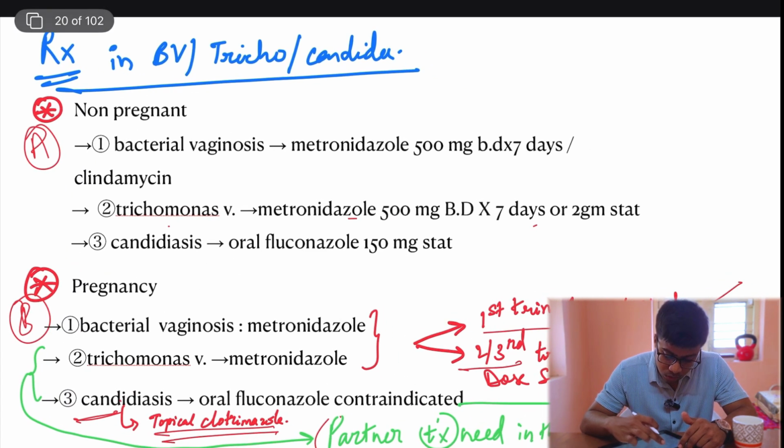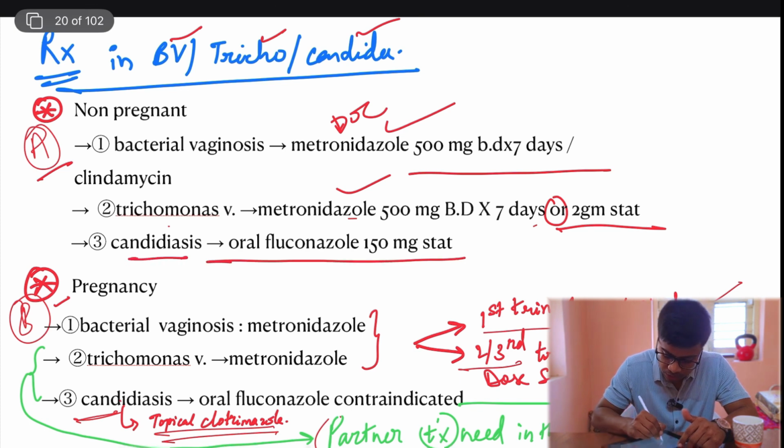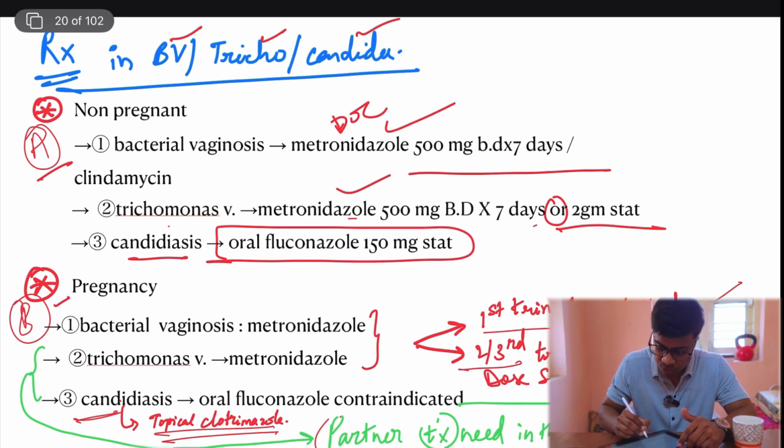Let's see. In BV, bacterial vaginosis, Trichomonas, and Candida, we have two groups: non-pregnant and pregnant. In non-pregnant bacterial vaginosis, we give Metronidazole 500 mg BD for 7 days or clindamycin, but the drug of choice is Metronidazole. Trichomonas, again the same, or 2 grams stat can be given. Candidiasis, oral fluconazole, 150 mg stat. Now in pregnancy, for bacterial vaginosis as well as Trichomonas vaginalis, Metronidazole is given, but there is a slight difference.